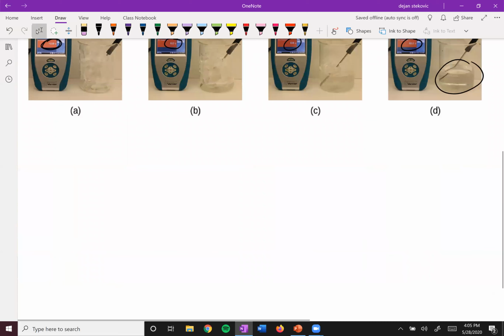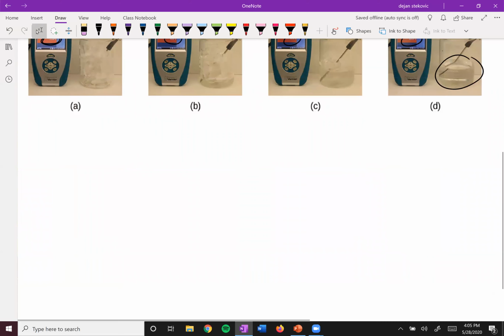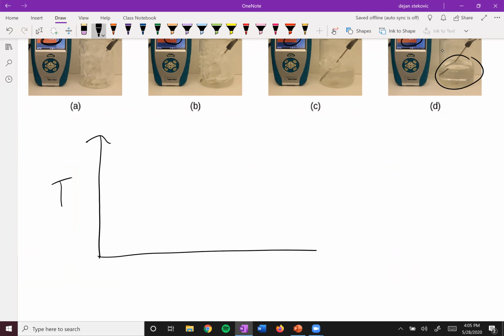And so let's think about what we're saying here in terms of a diagram. So on the y-axis, we'll put temperature. On the x-axis, we'll put heat added. And so we'll start off with a solid. So we've got a solid down here, and we're going to heat the solid. What's going to happen? Well, the solid's going to increase in temperature as it heats. And then what happens when you heat it enough?